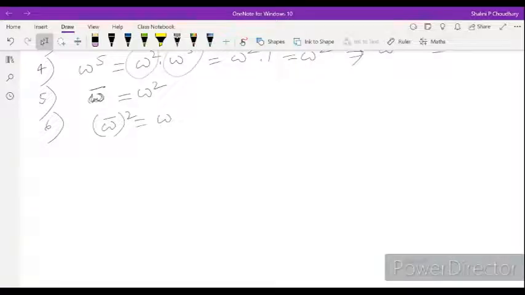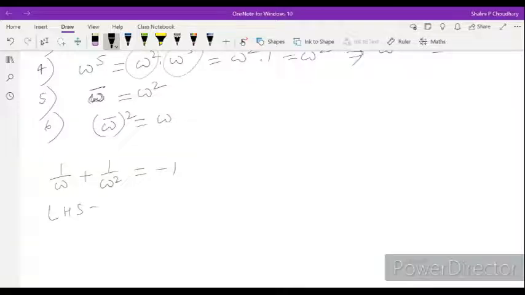Okay, so in our first question, we have omega, and omega is a complex cube root of unity. We have to prove that 1 upon omega plus 1 upon omega square is equal to -1. How can we prove this?